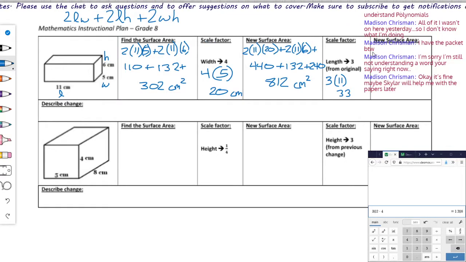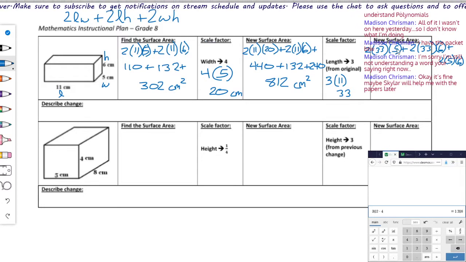If we're trying to find the surface area, we're going to do 2 times 33 times the original width of 5 plus 2 times 33 times 6 plus, write this down here, 2 times 5 times 6.